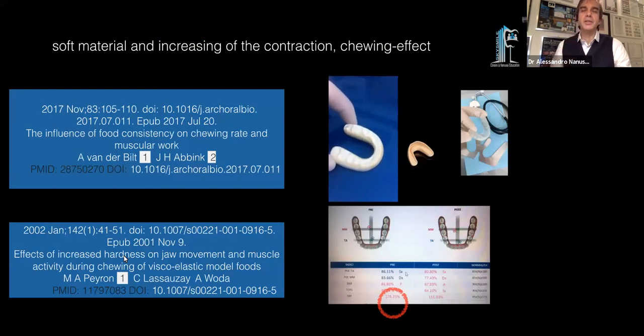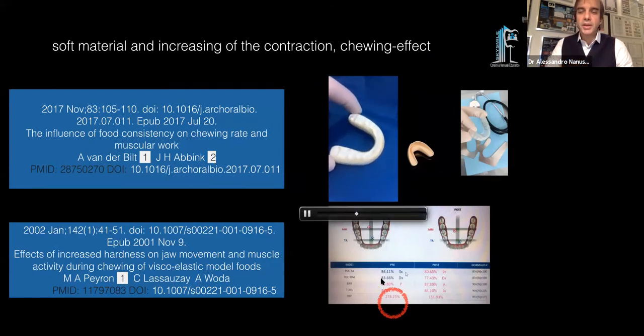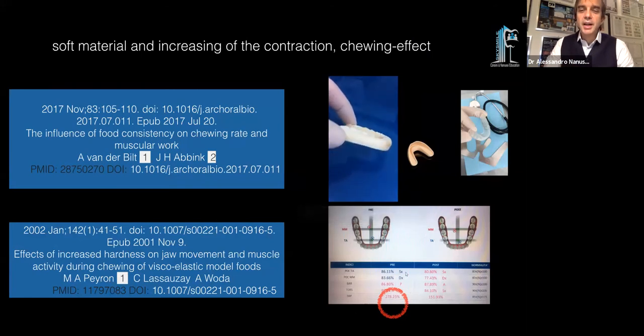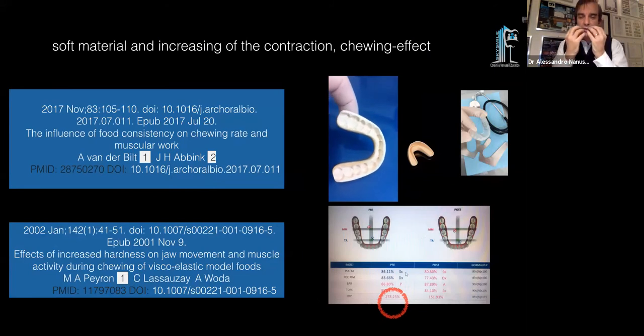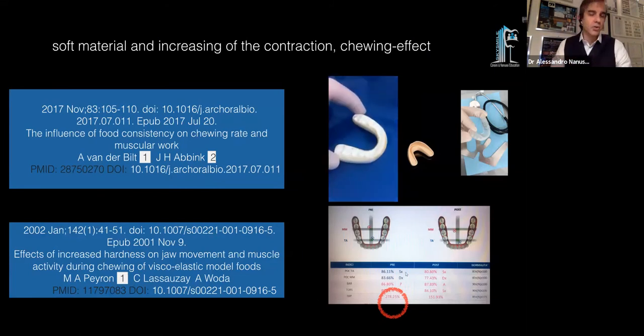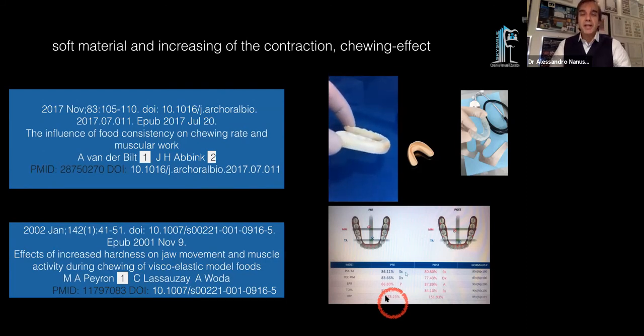Soft material is good for training, but under control. You have to be careful about the chewing effect with soft splints. Look here at the impact: this patient using a soft splint all day and all night has an impact of 278%. So it's very, very high.